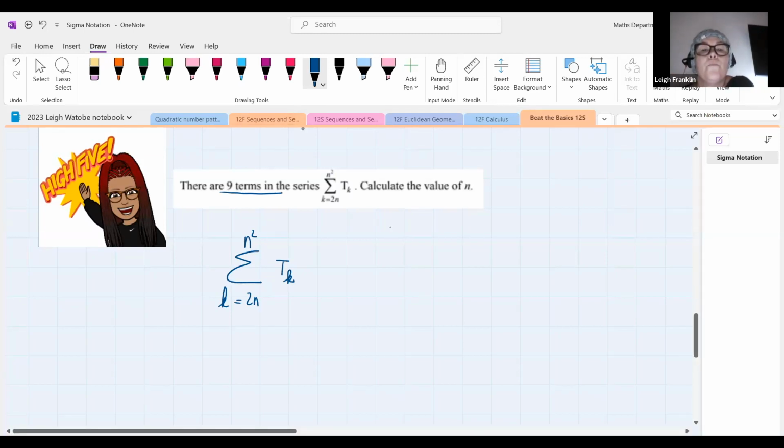So n, the number of terms in a series. How is it calculated in sigma notation? How do we calculate n, the number of terms in a series? Remember our basics that we were talking about earlier today?